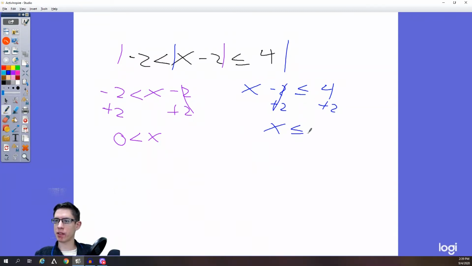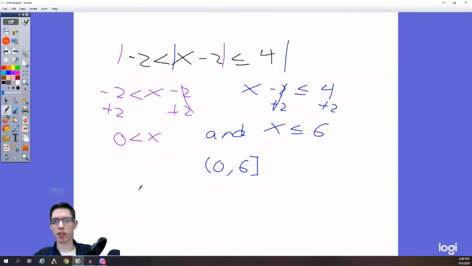And x becomes less than or equal to 6. And I've got to now create a diagram and interval notation that satisfies both of these things. Well, the interval notation is not too hard, right? It's going to be 0 and 6. Those are the two numbers written out for us. And because this doesn't have the equals, it gets parentheses. And because this does have the equals, it gets a bracket.